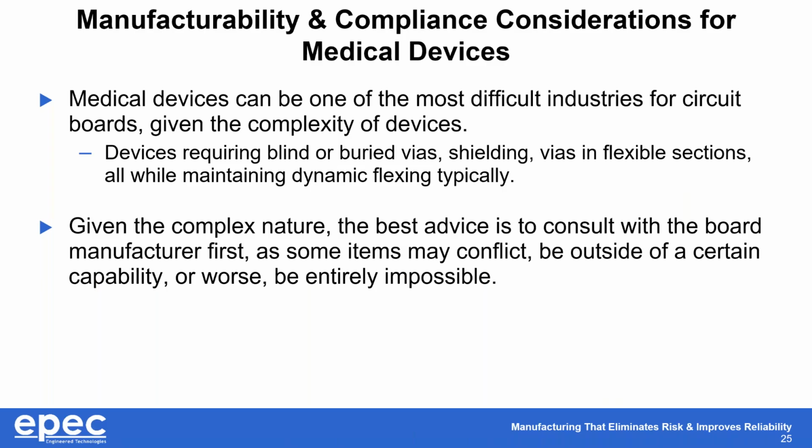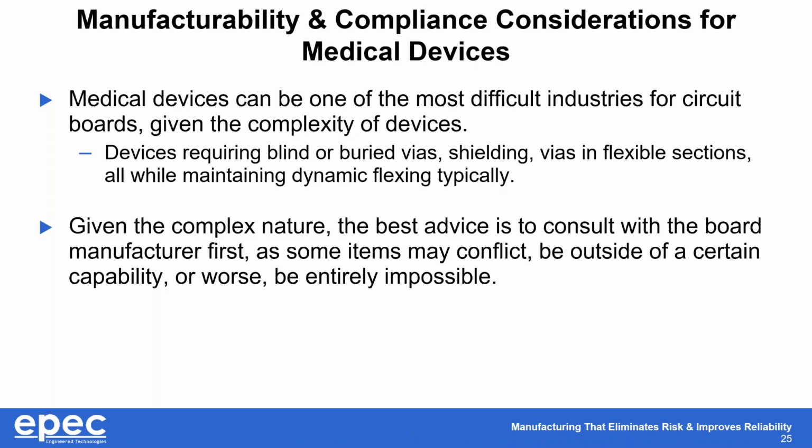It can be incredibly tedious to do, but that's the reason we end up suggesting and hammering down that it's always best to consult a board manufacturer, especially if you're trying to introduce multiple things of that nature all at once, because many of those things may end up conflicting, like trying to add shielding, which adds thickness, but then also trying to maintain thin boards for dynamic flexing, or concerns for vias in flexible sections, but you need them because you need the interconnects.